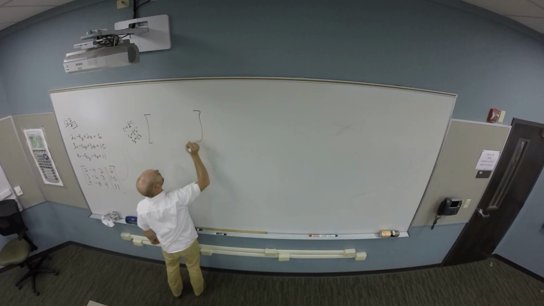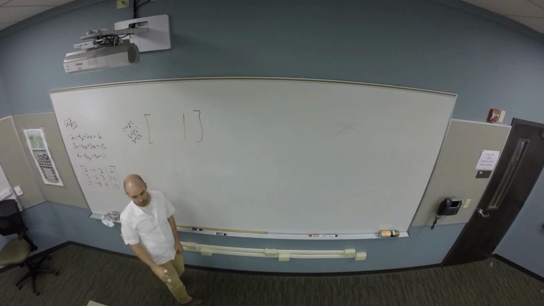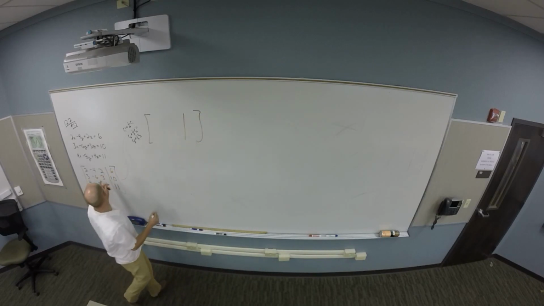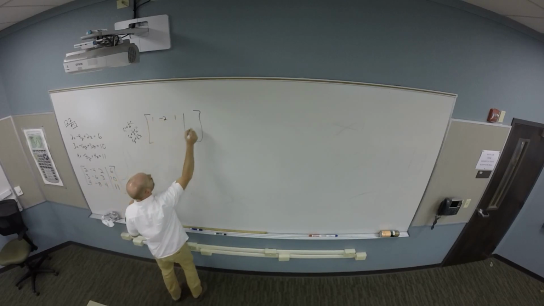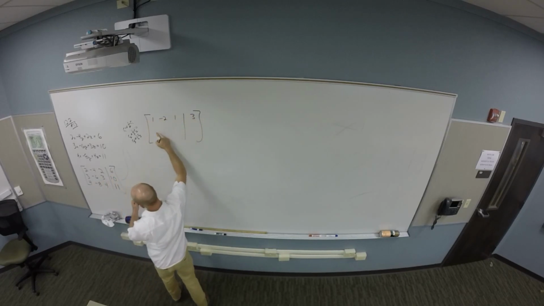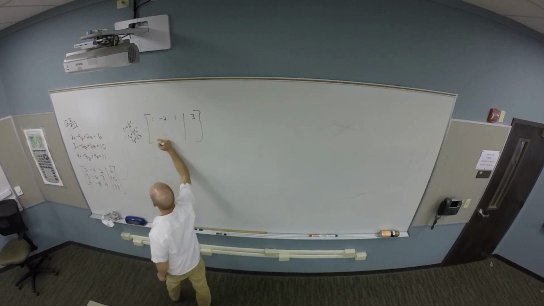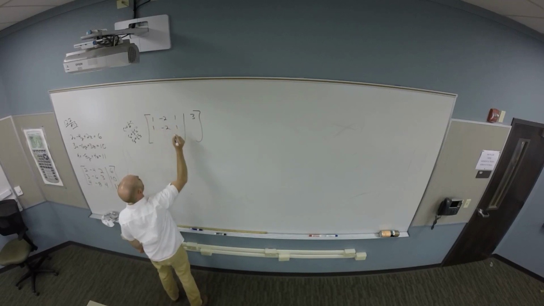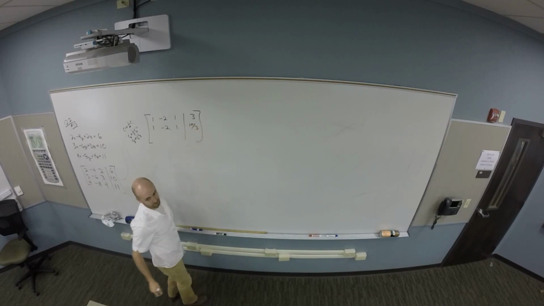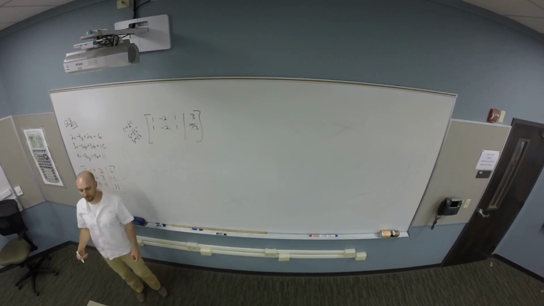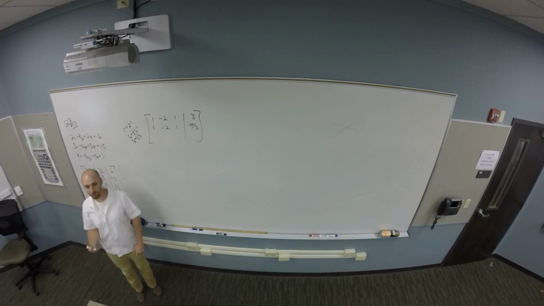What am I going to get in the first row? 1, negative 2, 1, 3. Okay, and then in the middle row? 1, negative 2, 1, 10 thirds, right? I'm thinking about dividing by 3, which is multiplying by a third.